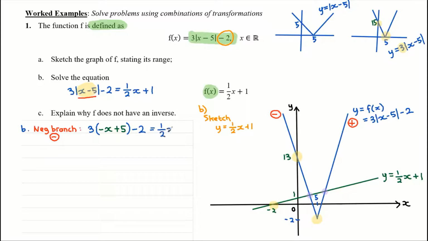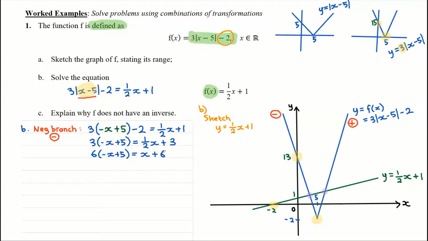It's equal to a half x plus 1. Okay, let's try that again. So again, I think I'm going to add the 2 first of all. So that's going to equal 1/2 x plus 3. Okay, let's multiply everything by 2. So that's going to be 6 minus x plus 5 is equal to x plus 6.